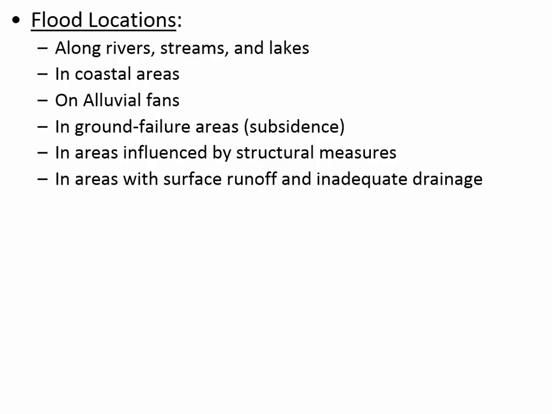Structural measures, what we mean by structural in the case of flood control, we're talking about levees, water bypass. By structure, they don't mean buildings. They mean sort of a man-made system for retaining water or changing where it goes.